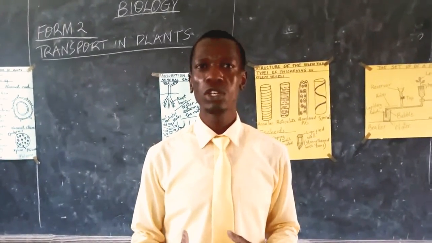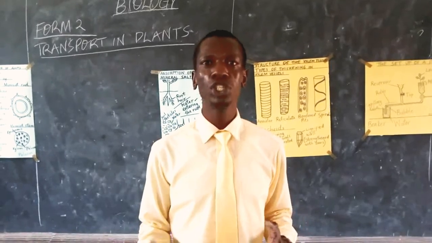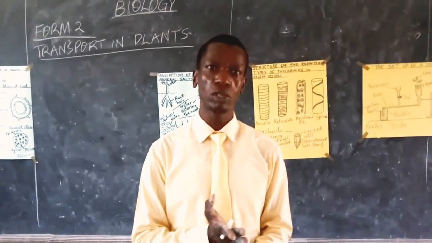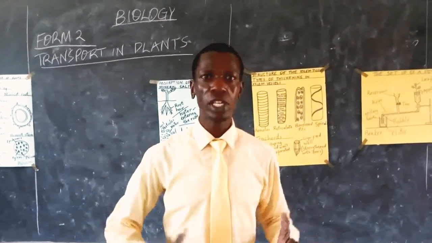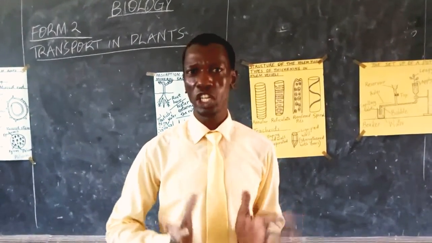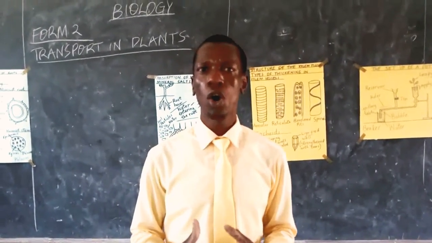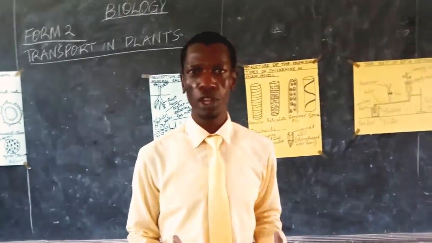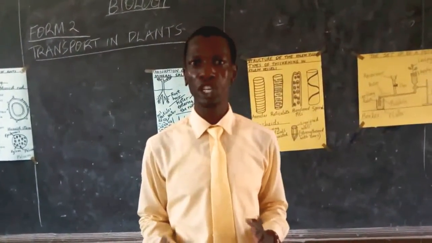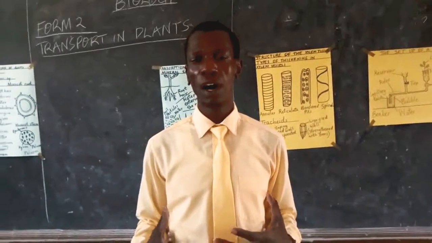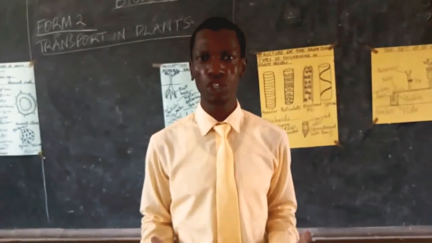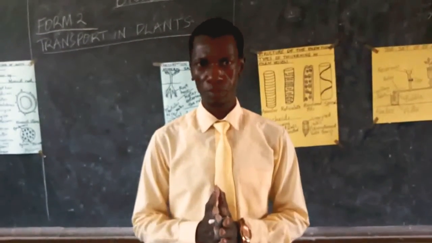There are also some metabolic wastes which need to be eliminated out of the plant body, and therefore they keep on circulating until they are taken to various organs which are meant to store them, since they are not needed within the plant.